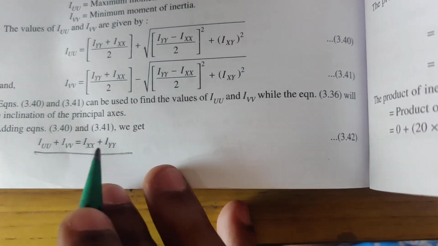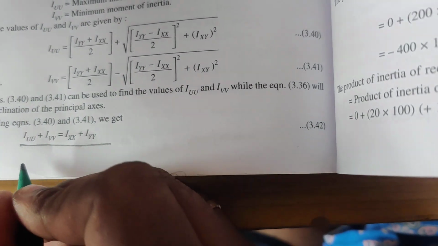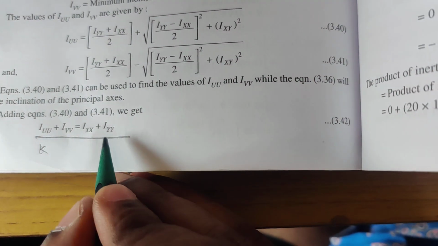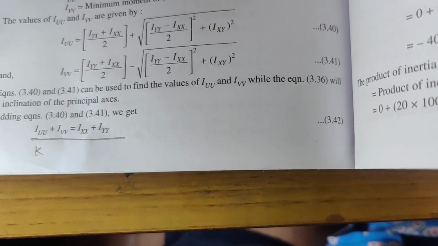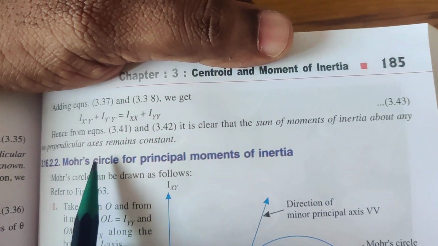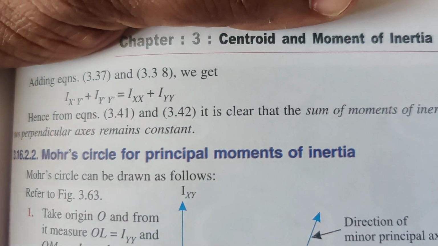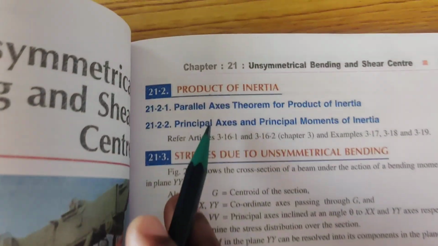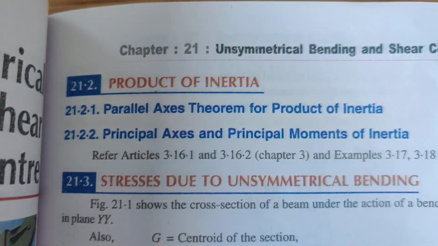IUU plus IVV gives a value, for example K, and similarly IXX plus IYY also gives K. That is why they say that the sum of moments of inertia about any two perpendicular axes remains constant. So we know the parallel axis theorem, principal axis and principal moment of inertia.